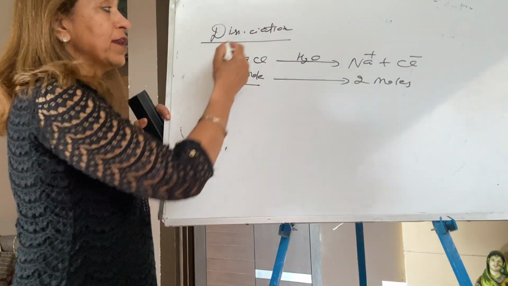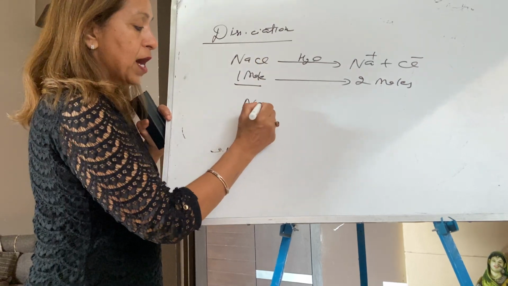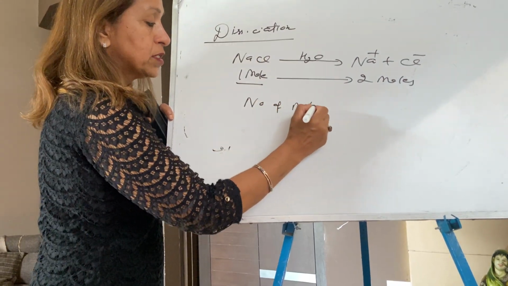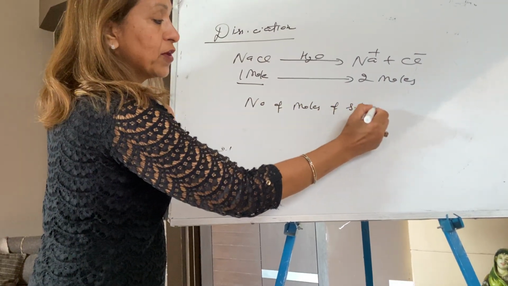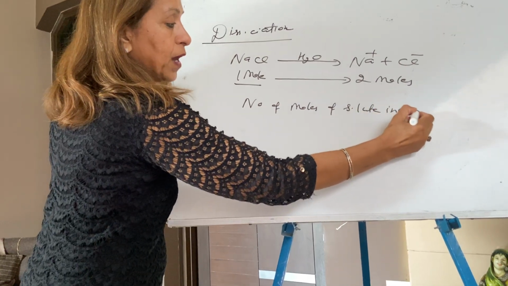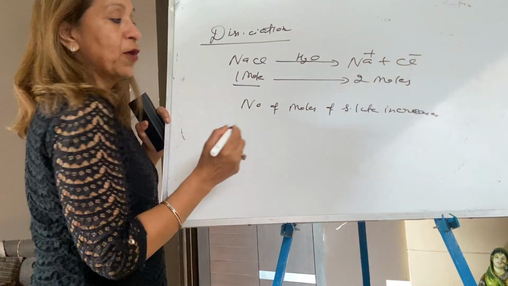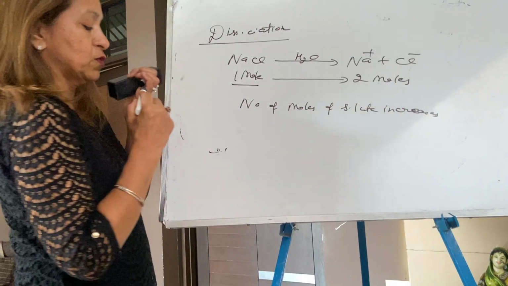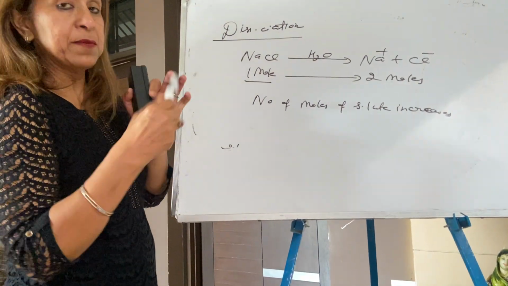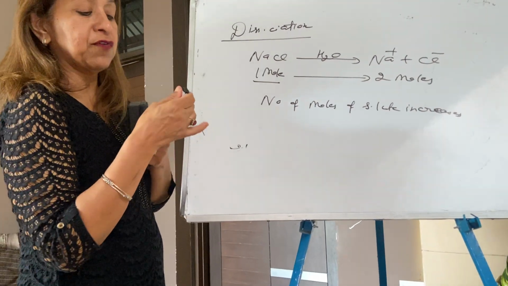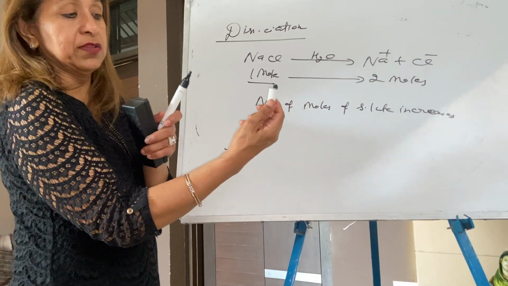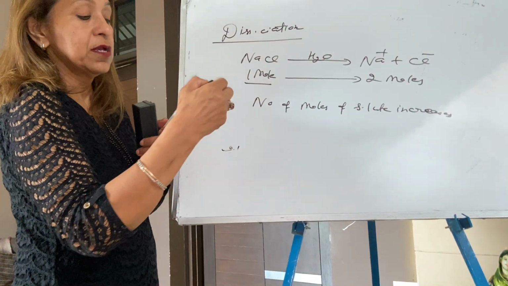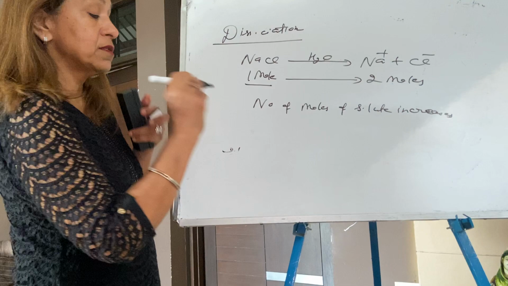This means when anything gets dissociated, after dissociation the number of moles of solute increases. This is my 1 pen. After dissociation, it converted to 2 now. That is, the number of moles increases.